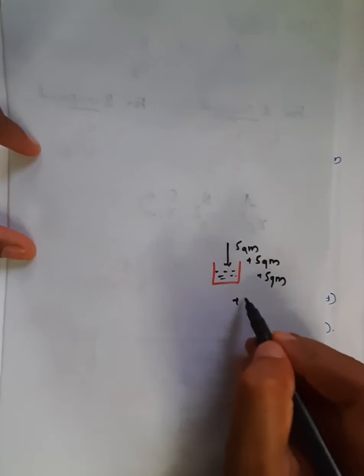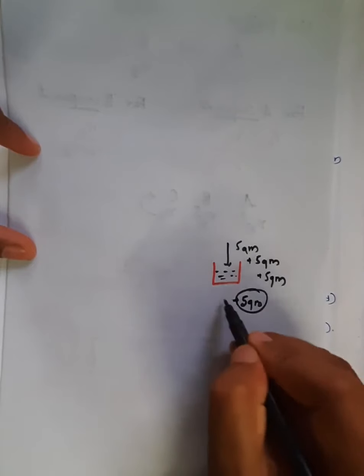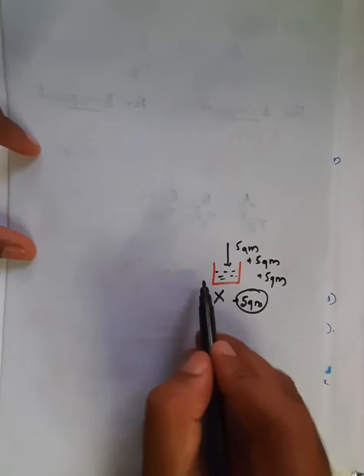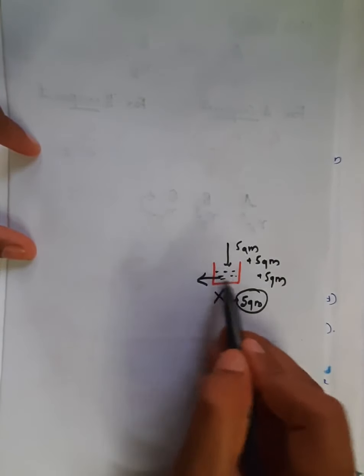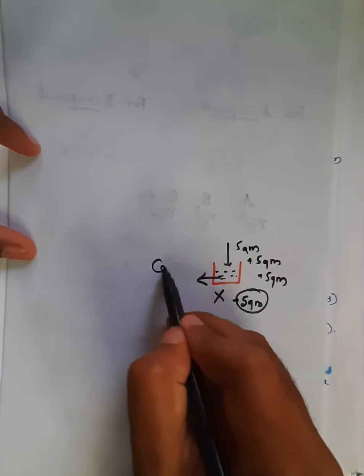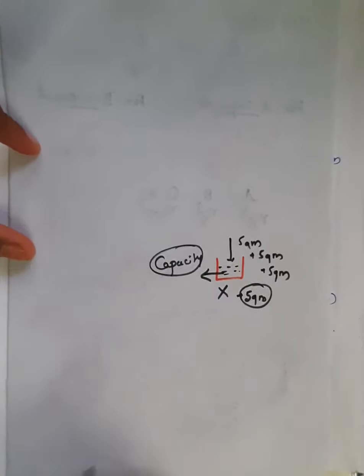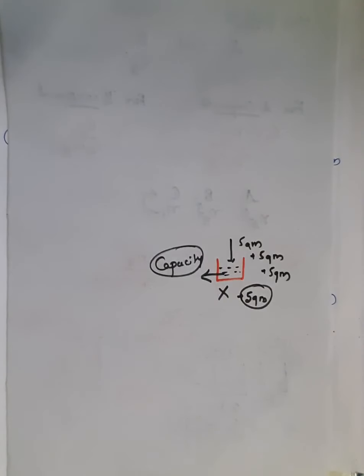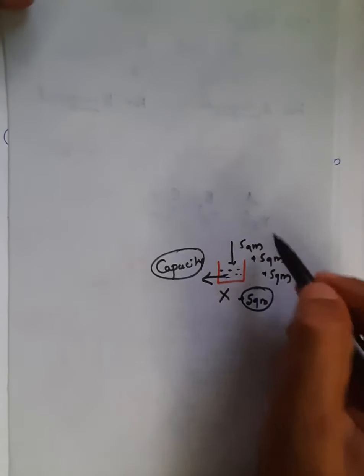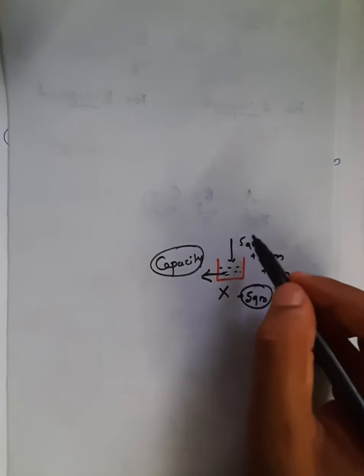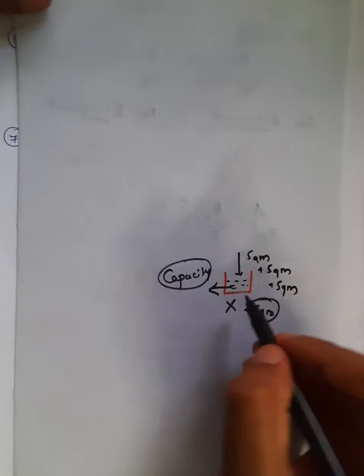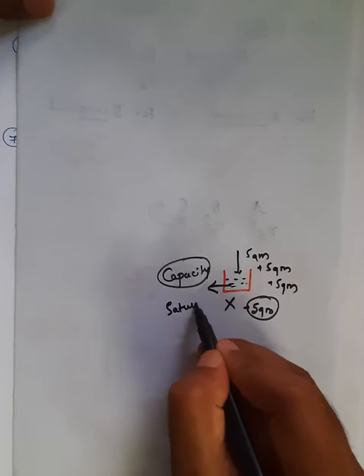If I add another 5 grams, it will not dissolve, because the solvent has only some capacity. Above its capacity, it cannot take any more sugar molecules or dissolve further. That is known as saturated, which means it is already settled, already complete.